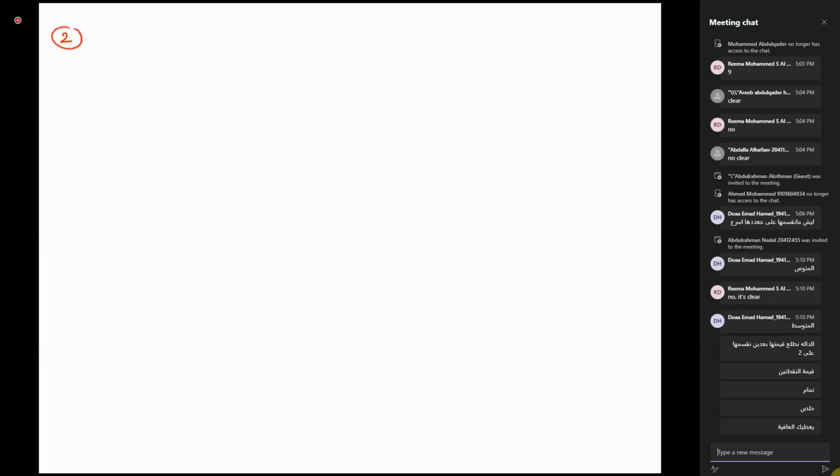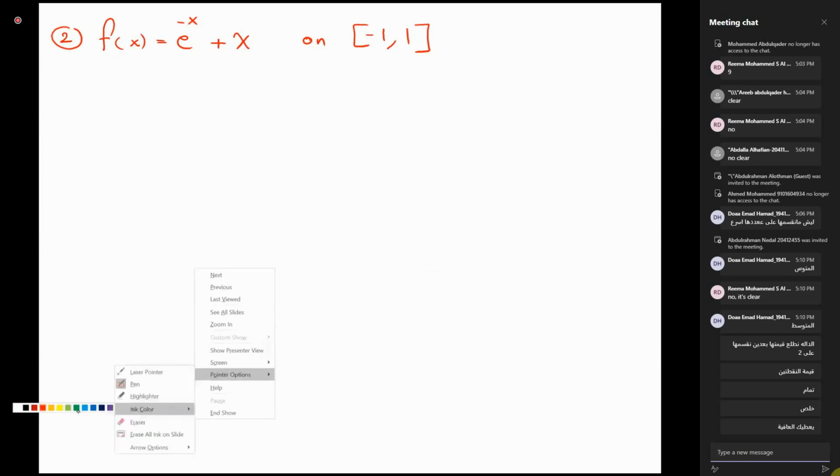Number 2, f of x equal e to the power minus x plus x on interval minus 1 to 1. This is f of x and this is the interval. We need to find the average value of the function f of x by using the integration.